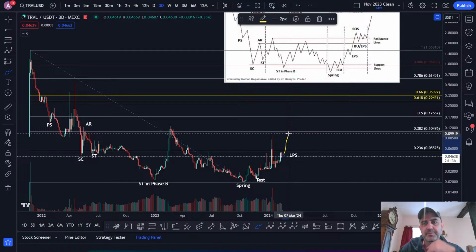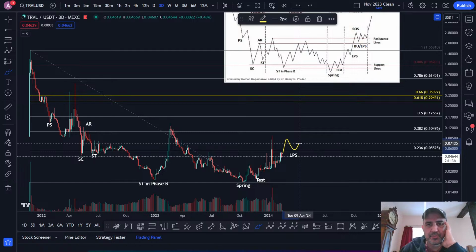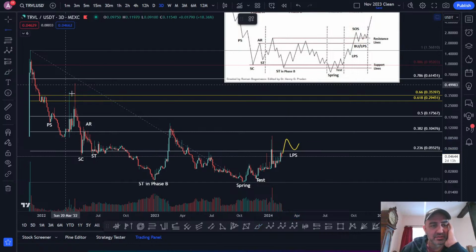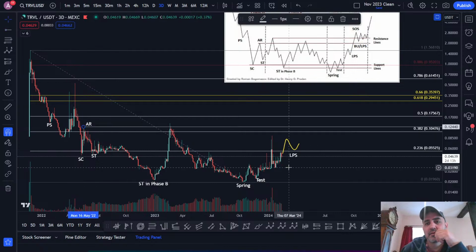is pushing up, flipping that into support, and then you have the buy up, which is going to take us above the AR. You can see the AR is there.